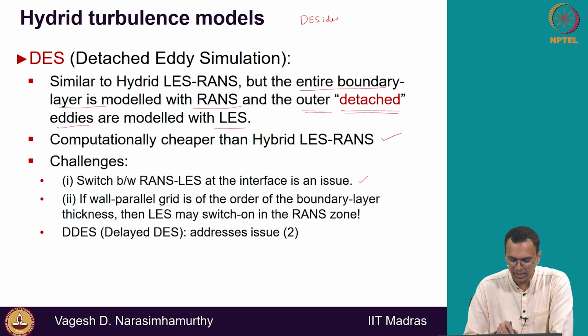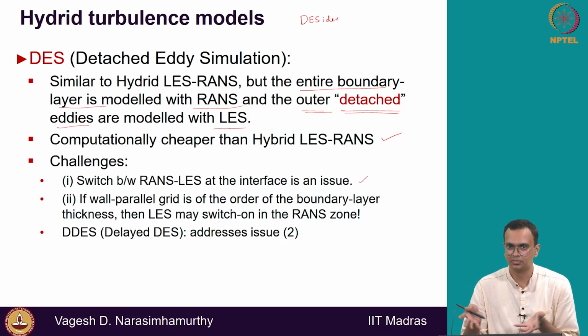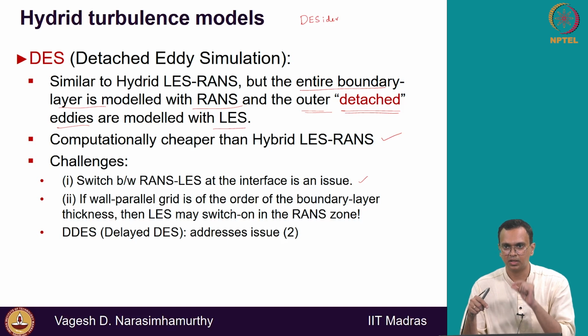So if the wall parallel grid is of the order of the boundary layer thickness, then LES can sometimes switch on in the RANS zone. Let's say you're computing a boundary layer, then you have tiny wall normal grids, but wall parallel grids are, let's say, 5 or 10 times bigger than your wall normal usually. Then LES can actually switch on in the RANS zone.